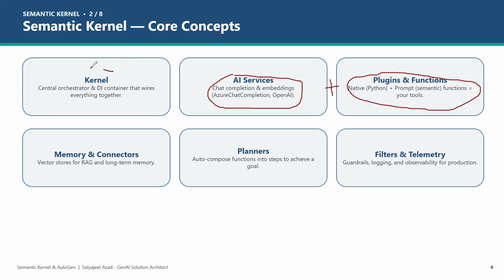And the kernel is the main orchestrator, so it will orchestrate the AI, LLM plus tools together. And if you add memory, planner and telemetry, telemetry is again observability. So all these things together create an AI agent.